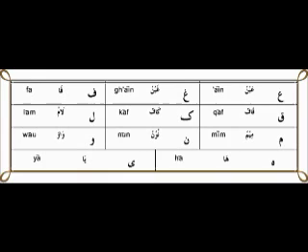Now notice these two kafs. There is one that I make from the bottom of my throat, which is the first one, and I pronounce it as qaf. And then the next one is not from my throat, we just pronounce it normally, we say kaf. So the first one is a qaf from the bottom of your throat, and the second one is a kaf.